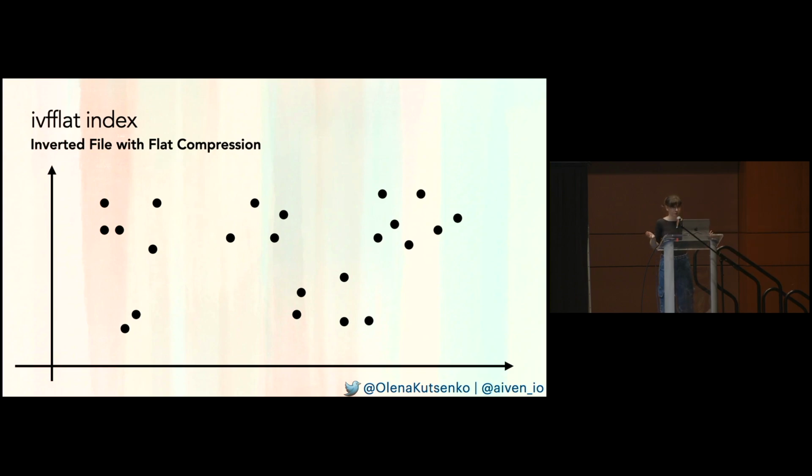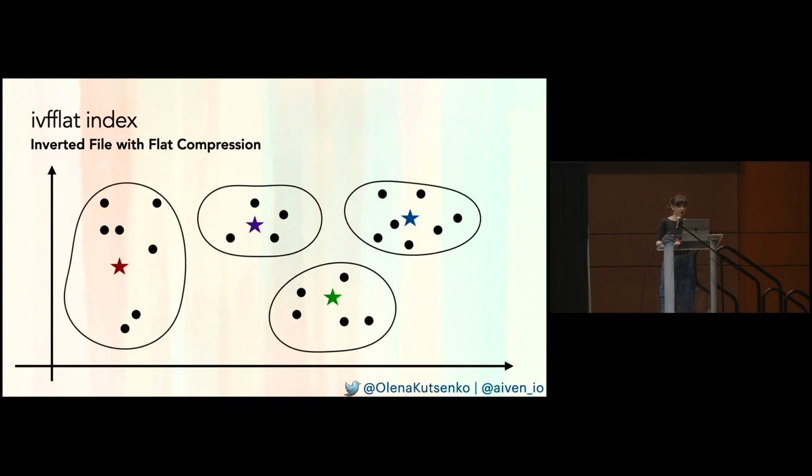The name, to be honest, kind of sucks. But the idea is that we take all our data in multidimensional space, and we split it into clusters. For this, we first find centroids. So we take the data, find the groups of things we can combine together, and then we build the clusters around those centroids.